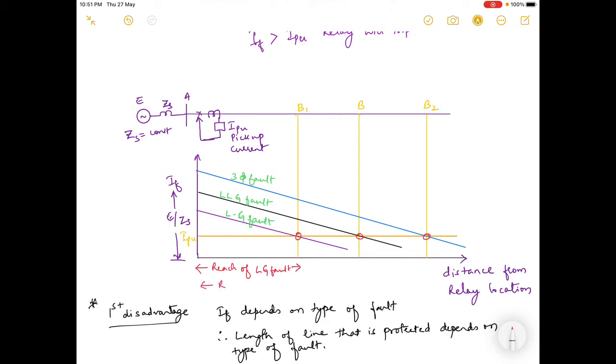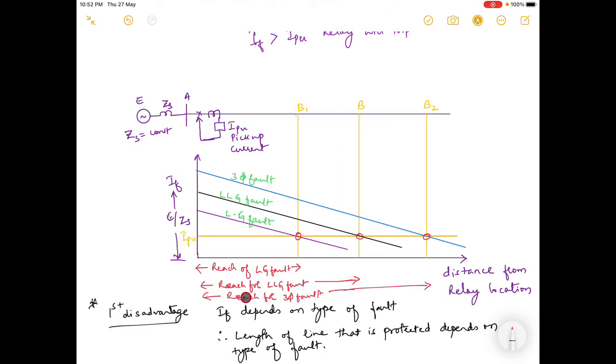Similarly, this is the reach for LLG fault, it can reach up to this point. So similarly, reach for three phase fault is up to here.